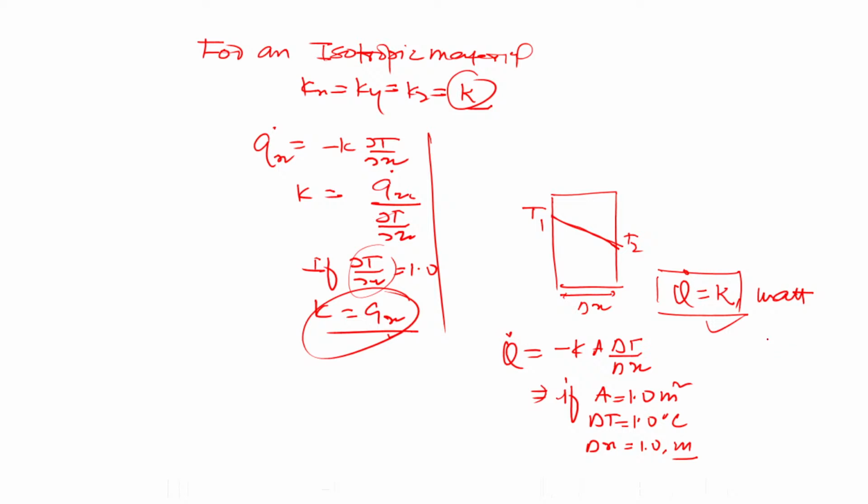Thermal conductivity can be defined as the rate of heat transfer through a material of unit meter thickness across which the temperature difference is unity and area is also unity. Yes or no?